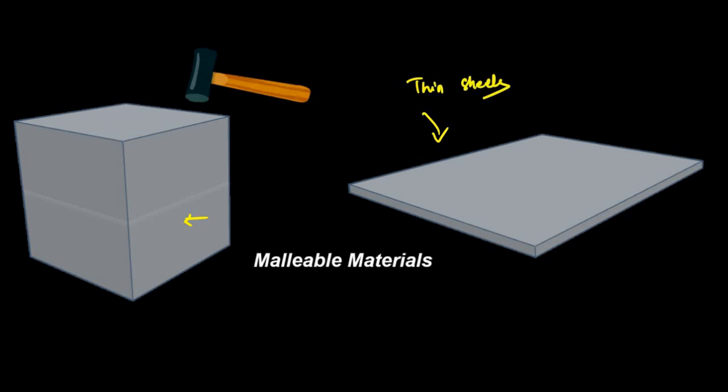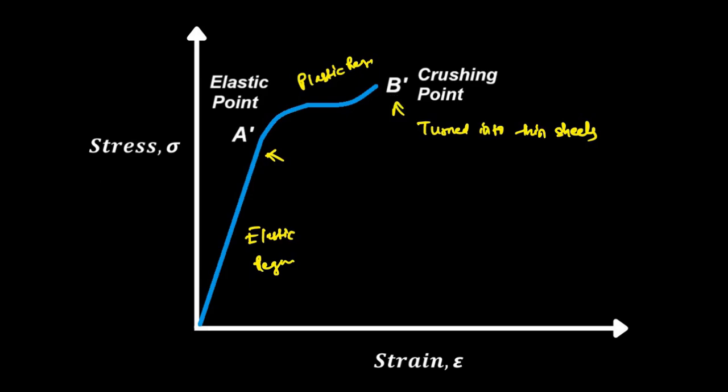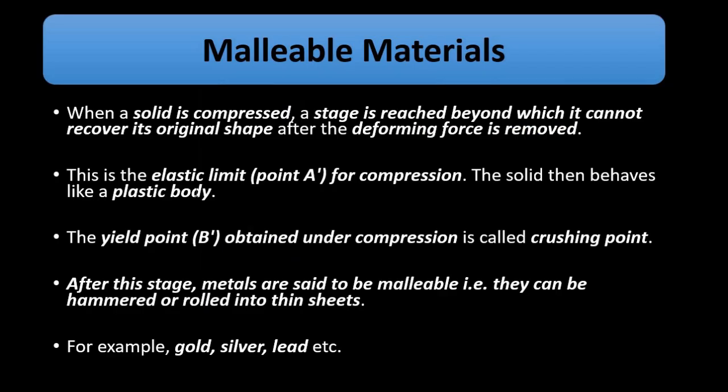The yield point obtained under compression, that is beating it down, is called the crushing point, and it is beyond the elastic limit. After this stage the materials are said to be malleable, that is, they can be hammered or rolled into thin sheets, as I said.